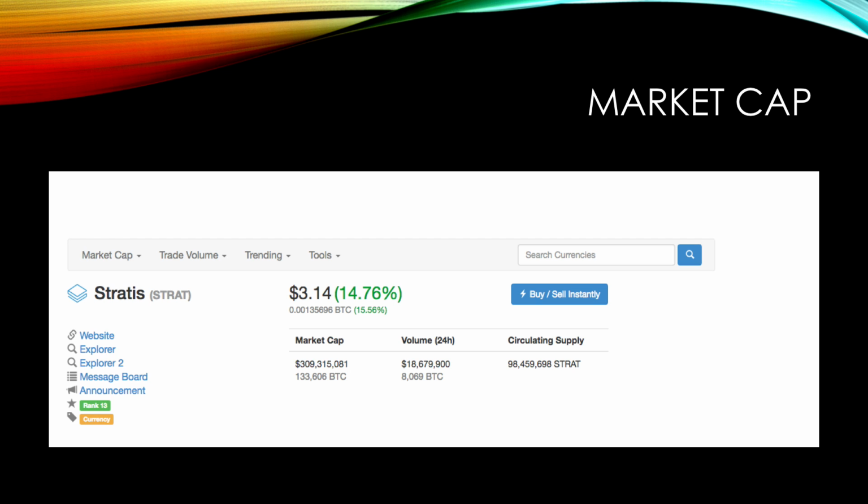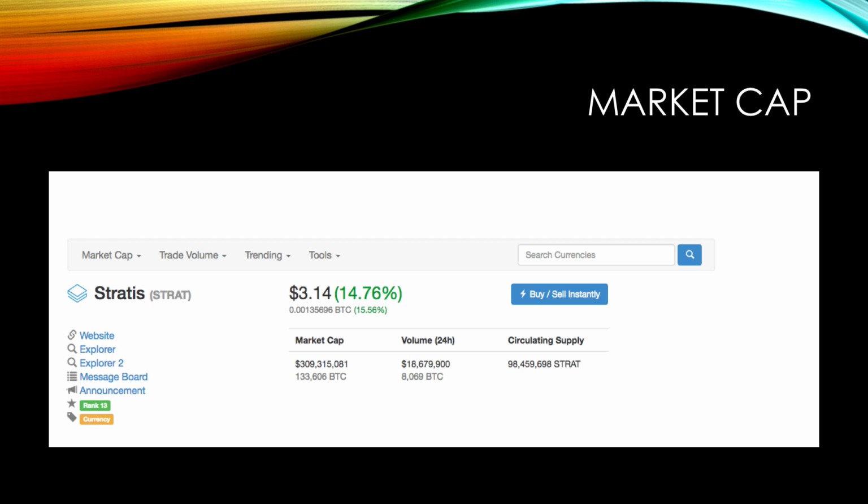Let's look at the market cap right about now. I just recently took a screenshot of this. This is what we are looking at right now. As you can see, Stratis has about 99,459,698 Strat tokens currently in circulation, which is not bad. And as of today, the price is $3.14, which is quite low from its previous high.